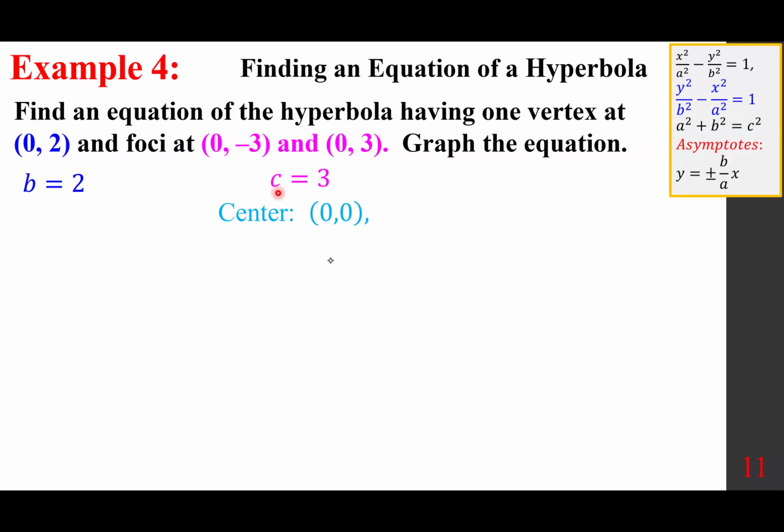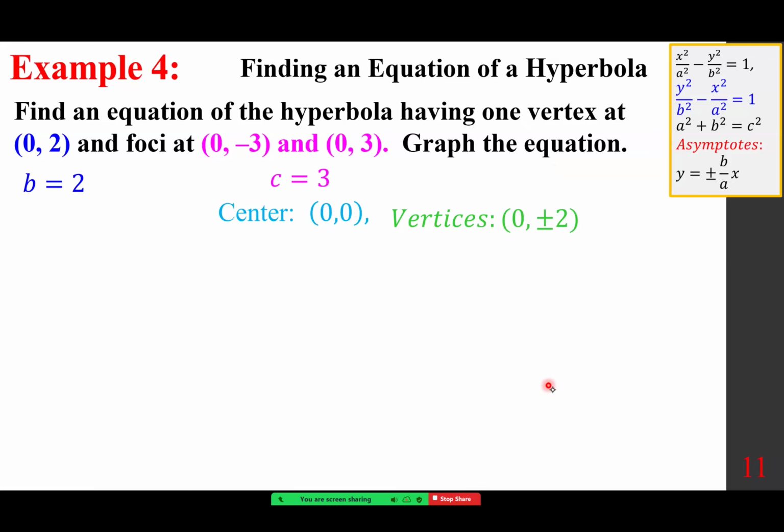You can graph the center 0, 0. You can graph the vertices at 0, 2, and 0, negative 2, so from 0, 0 go up and down by 2 units. Those are the vertices, and 0, 3, and 0, negative 3 are the foci.